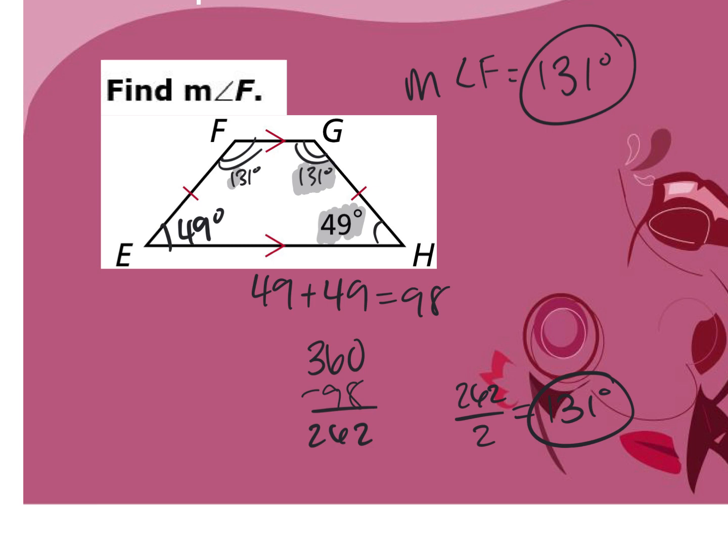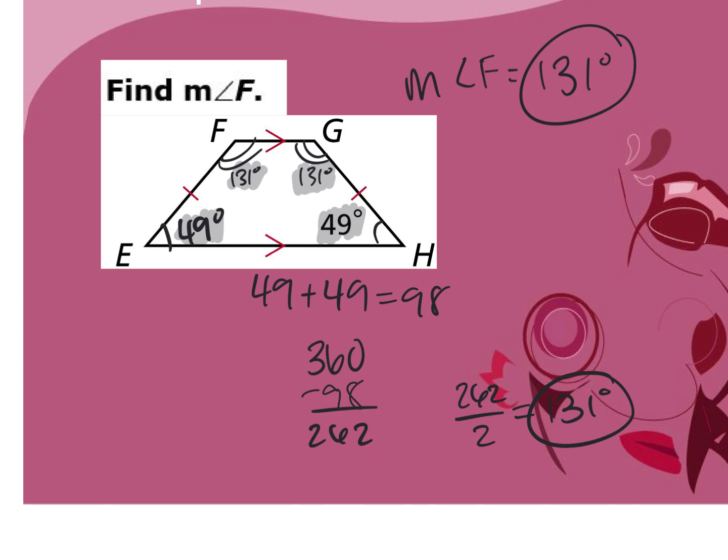Is that true for this 131 and this 49? Okay, that's your shortcut. Remember, in a trapezoid, if two angles lie on the same leg, they should add up to 180 degrees, okay? In an isosceles trapezoid, they're still going to add up to 180 degrees, but remember, your base angles are also going to be congruent, okay?